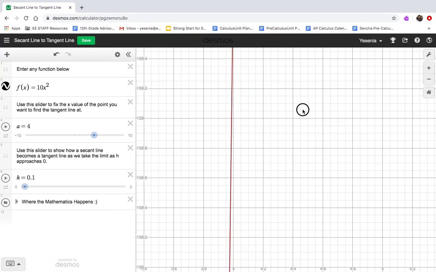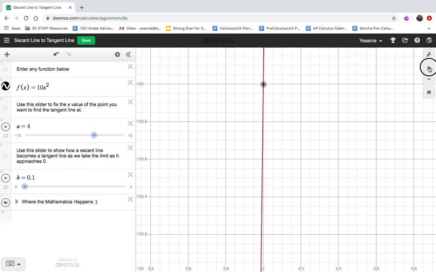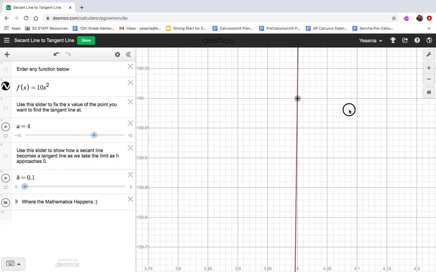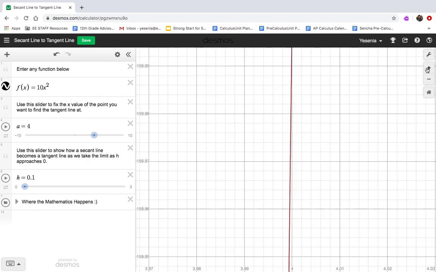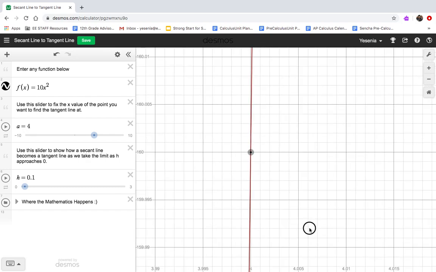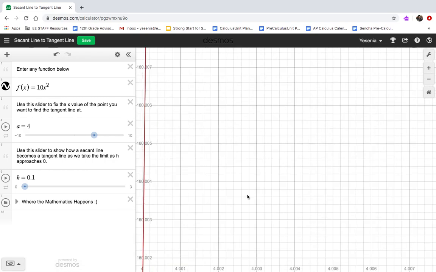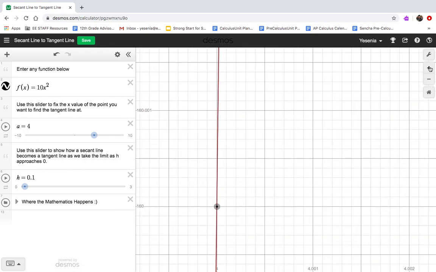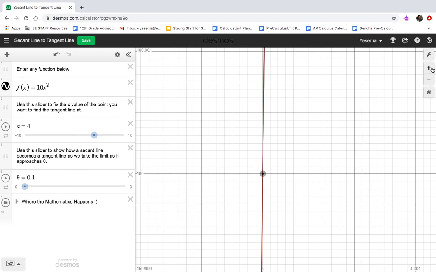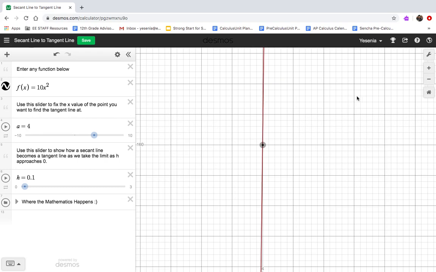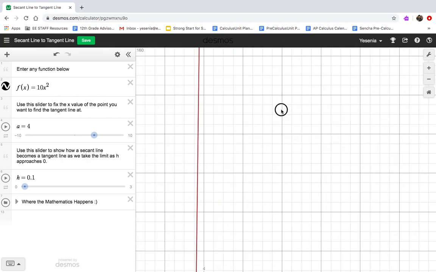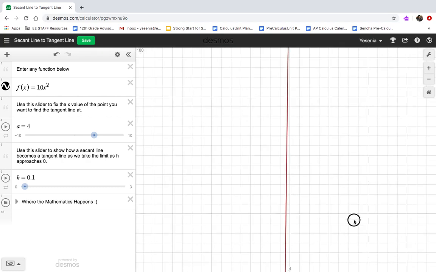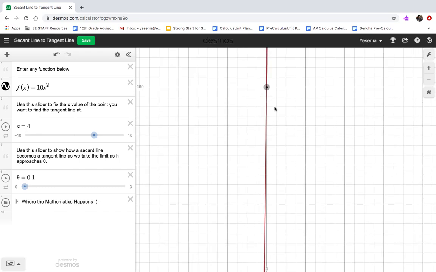It looks like the point's on top of t equals 4 seconds, but if we zoom in very, very close, we're going to see that there are actually 2 points, but they're very, very close to each other. They must be very close for me to need to zoom in so much. Let's see, where's the other one?